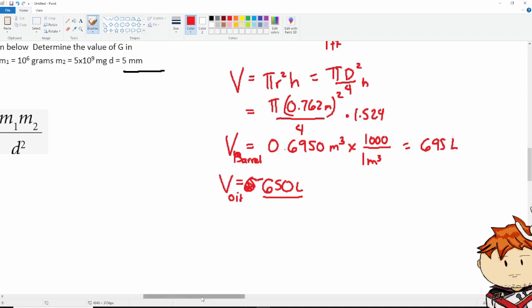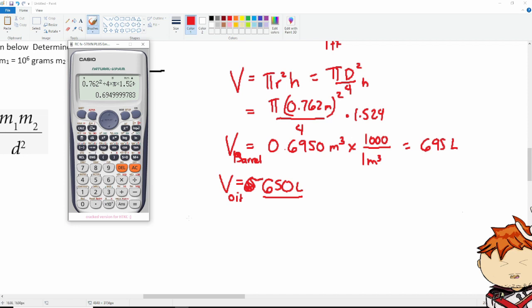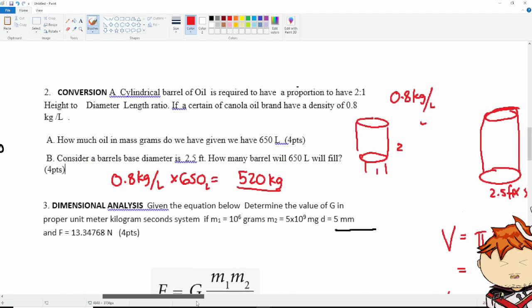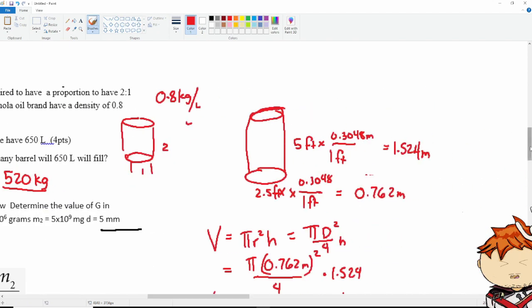Meaning, the volume of the barrel is much bigger. What is the question? How many barrels will be filled?